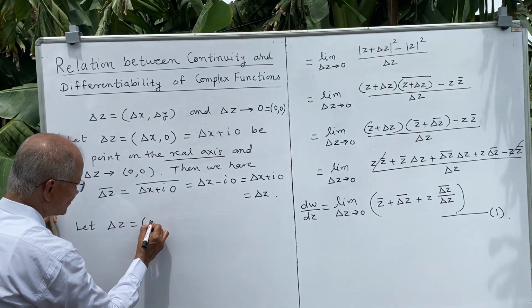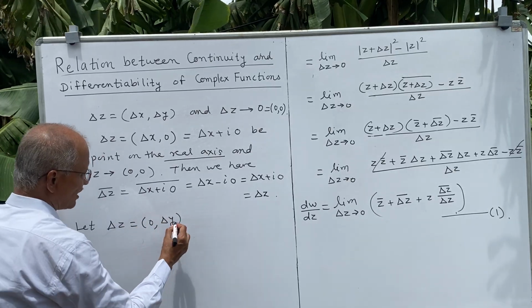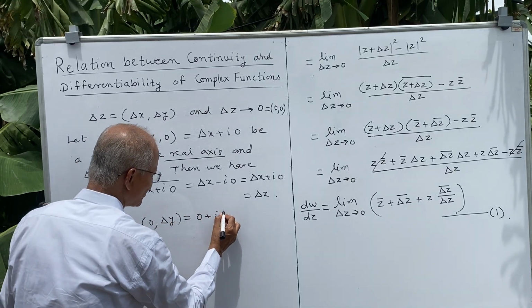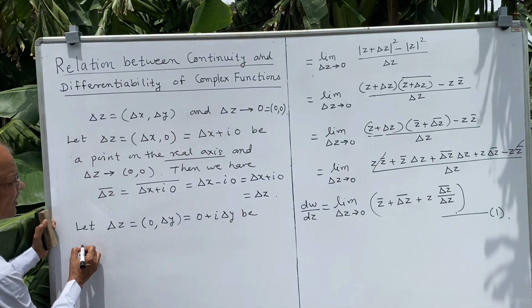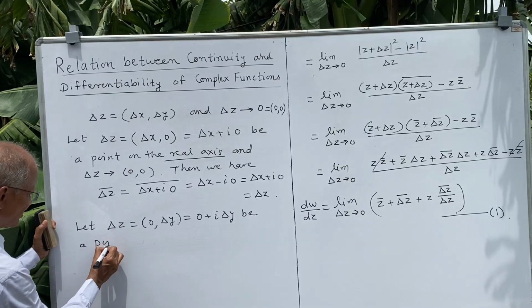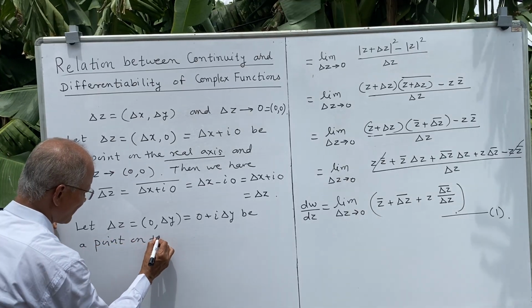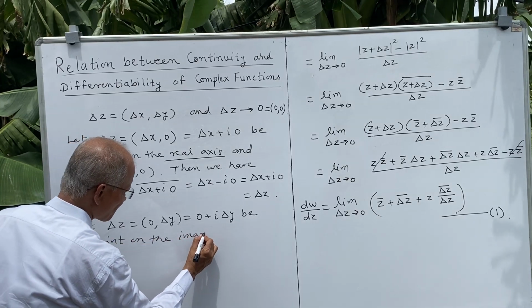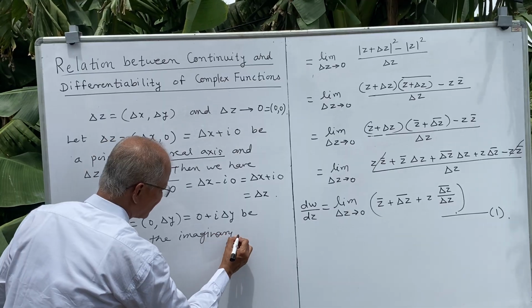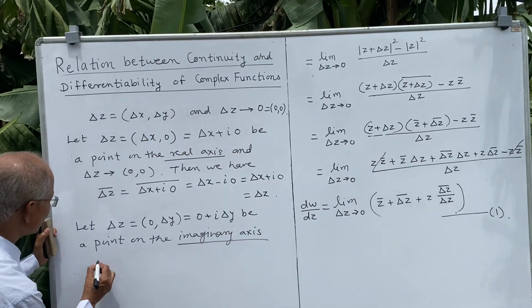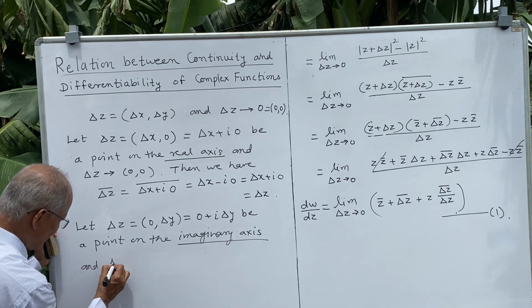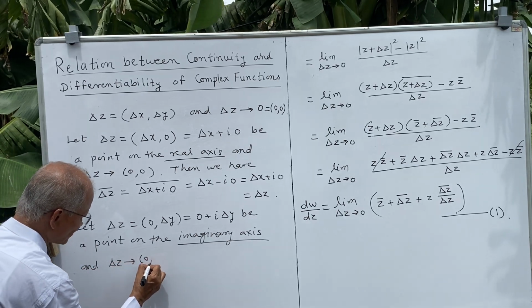And let delta z be 0 comma delta y, that is 0 plus i into delta y, a point on the imaginary axis, that is the y axis, and delta z tends to (0, 0).